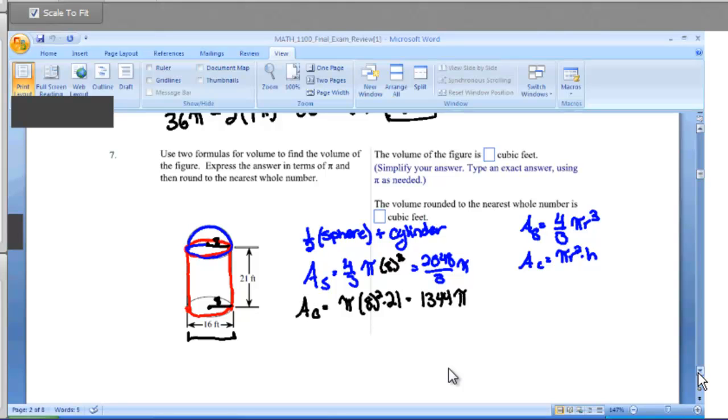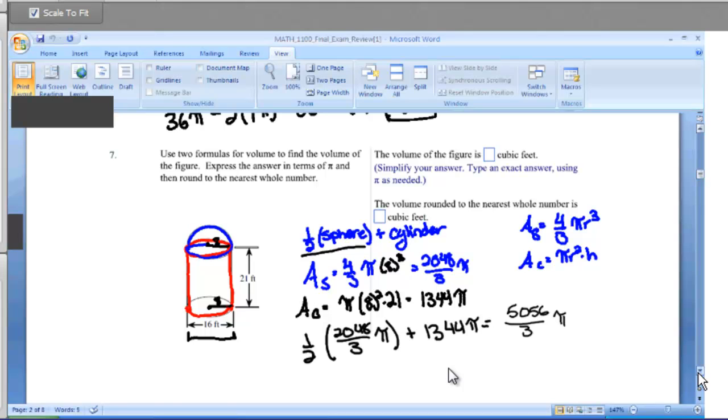And then we put this together, so we're going to take half of the sphere, so 1/2 times that 2,048 over 3 pi, plus the volume of the cylinder, so the 1,344 pi, and that's going to give us 5,056 thirds pi.